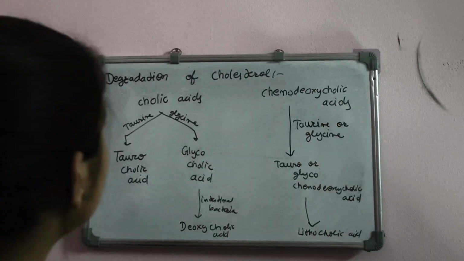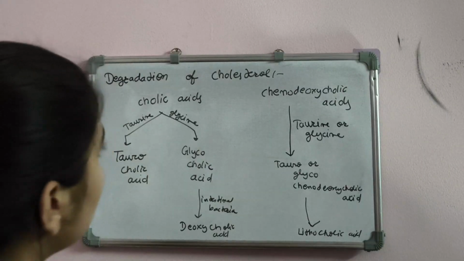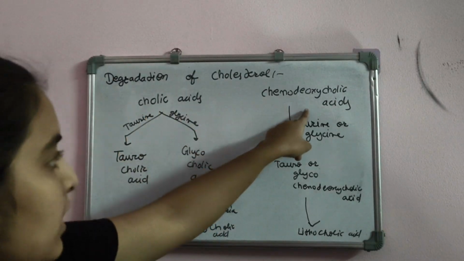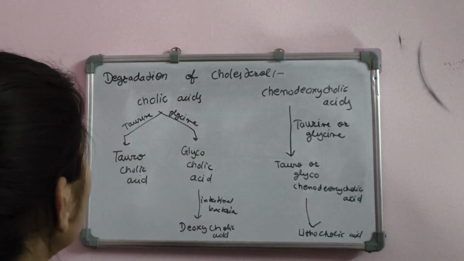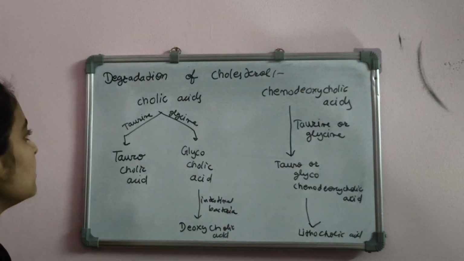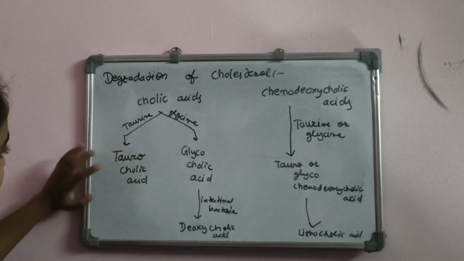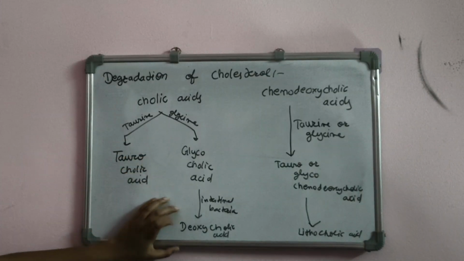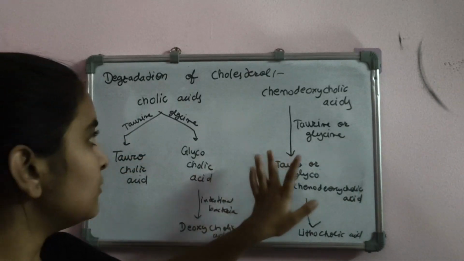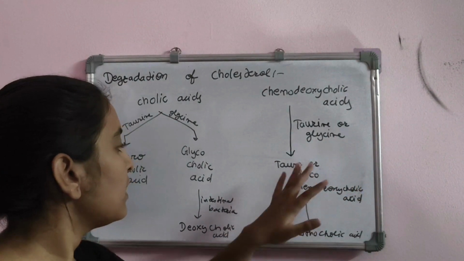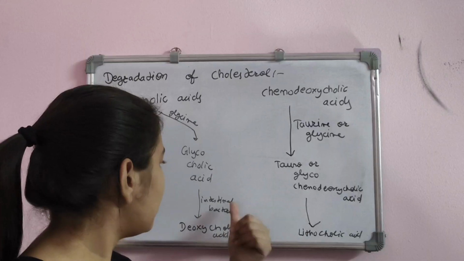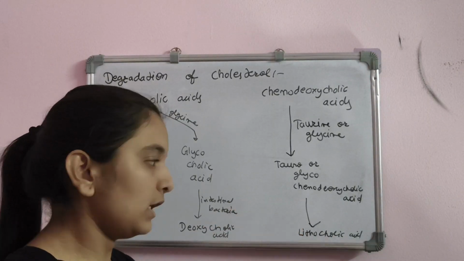So next is the degradation of cholesterol. मतलब जो हमने steps देखा था हम cholic acid और chenodeoxycholic acid तक आ गए थे. So now by taurine and glycine it formed taurocholic acid and glycocholic acid, which by intestinal bacteria formed deoxycholic acid, and here by the same things it forms tauro or glycodeoxycholic acid, which by intestinal bacteria formed lithocholic acid.